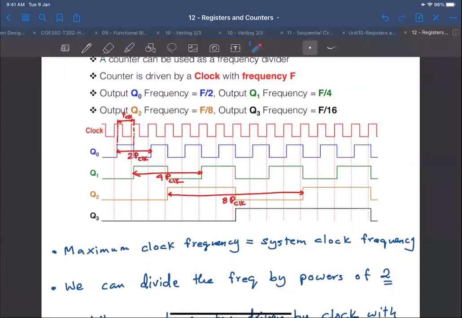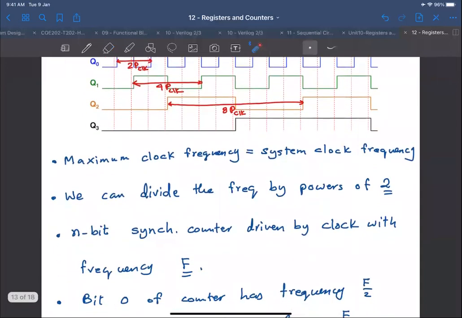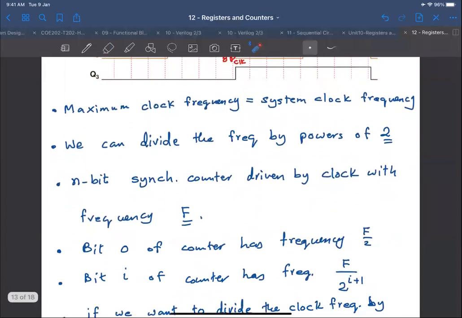Okay, we can divide the frequency by powers of 2 if we use an n-bit synchronous counter driven by the clock with a frequency f. So bit number 0, as we saw, has a frequency of f over 2, and bit number I has a frequency of f over 2 to the I plus 1.